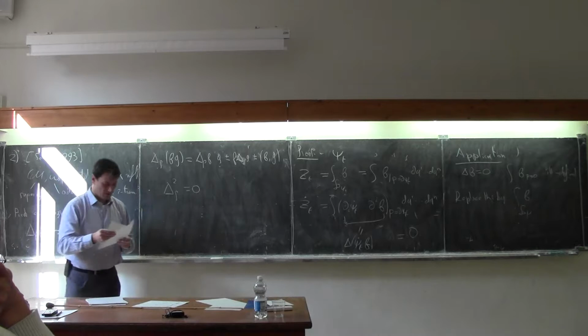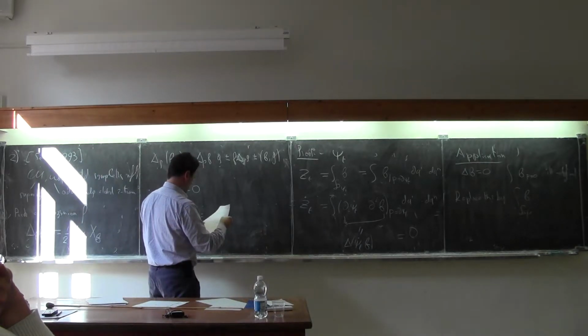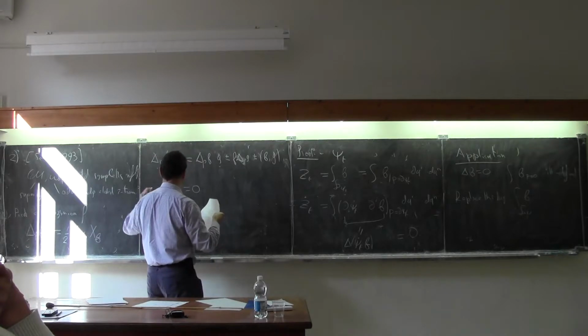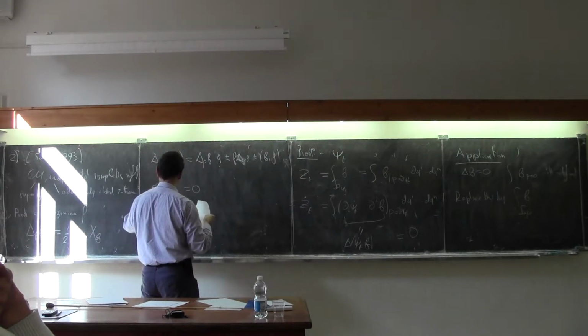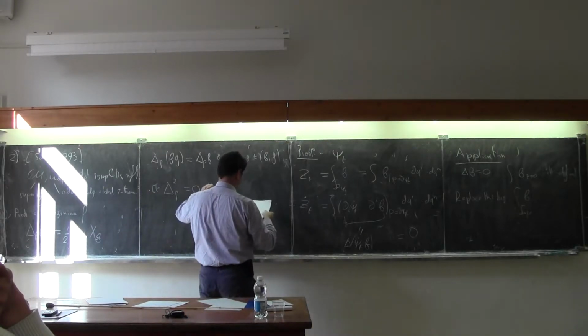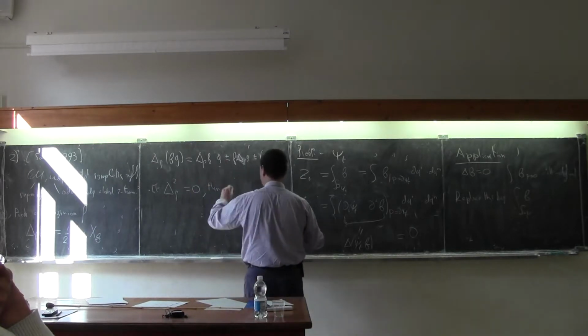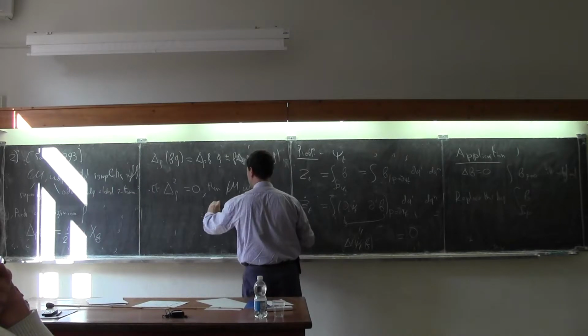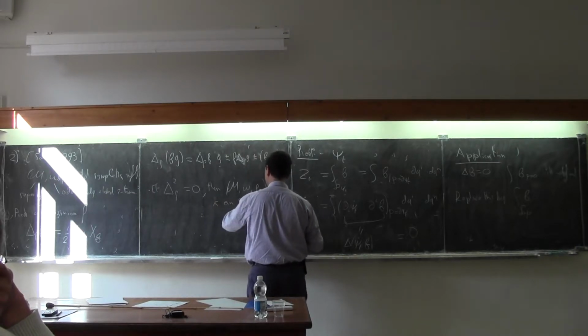So one says that if delta rho squared equals 0, then one says that (M, omega, rho) is an SP structure.